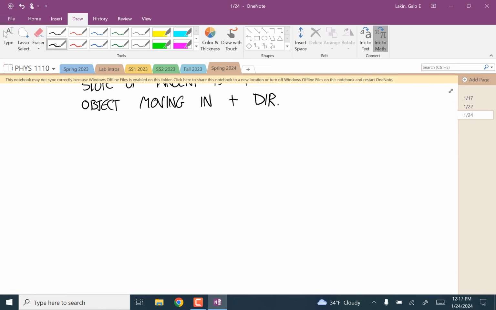The next thing we have to talk about is acceleration. And acceleration measures how quickly the velocity is changing.